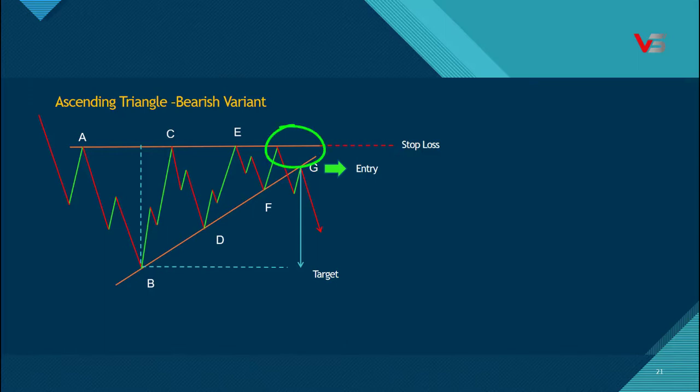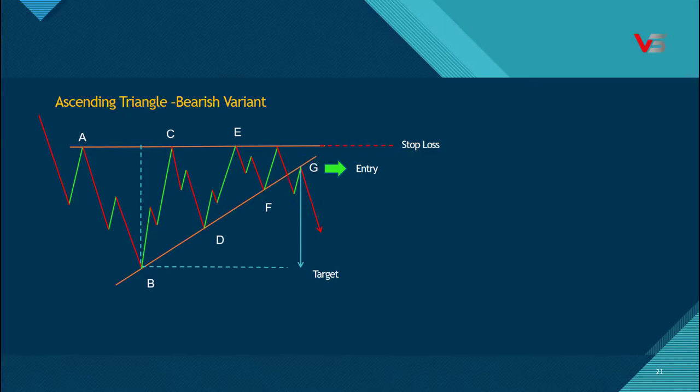Then next, when should we enter the market? First, the price should break out of the trend line support of B, D, and F. Once the breakout is done, we should enter below the previous candle after the breakout, or we can enter in the retesting zone.